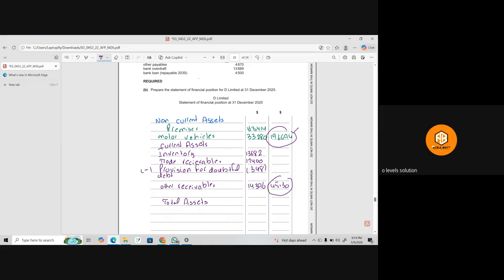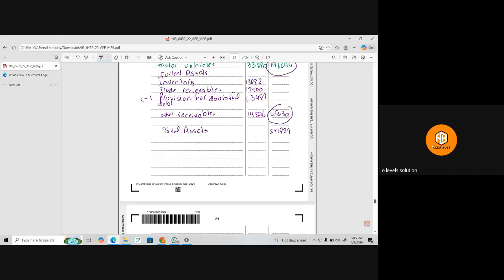So 196694 plus 45130. Okay, so this is equal to 241824. Okay.